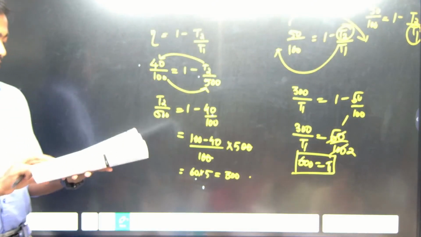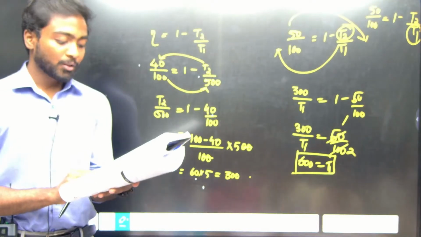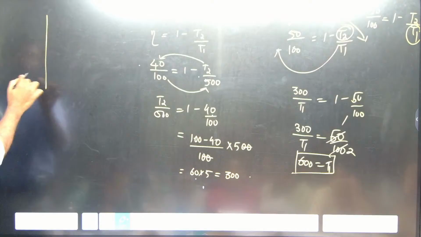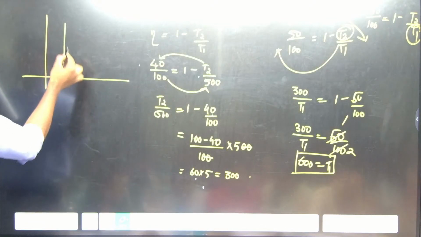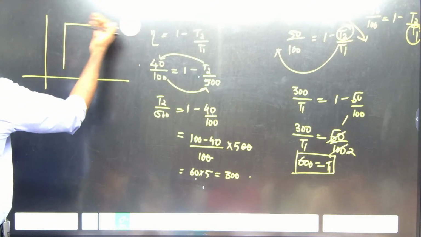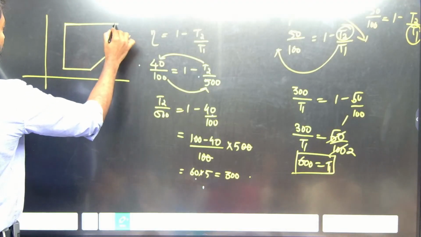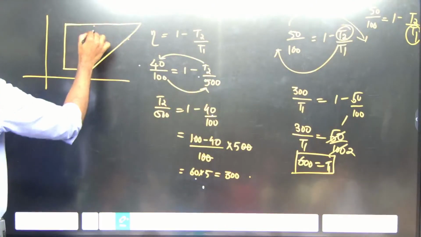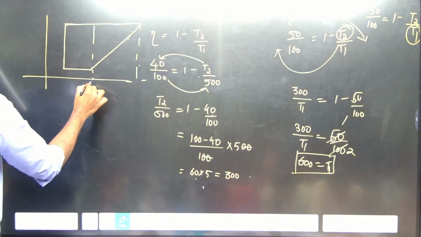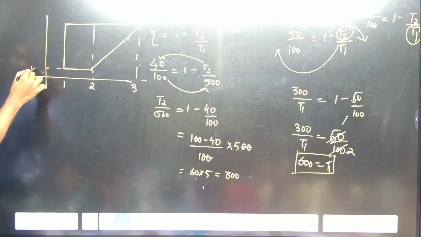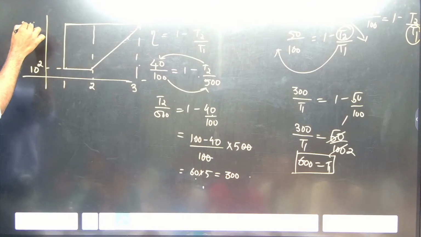So what is the fifth question they are telling? I need to find the work done, no? So I'll draw the diagram first. So this is 1, 2, 3 and this one is 10 power 2 and this is 2 into 10 power 2.